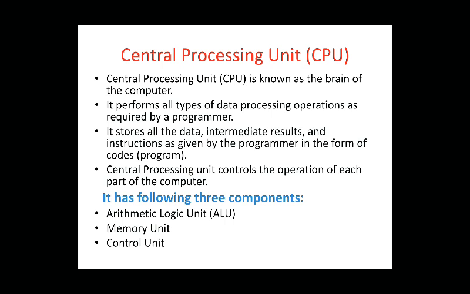Primary memory, where you can store all the data permanently, and the secondary memory, where you can save the data temporarily. So both are the parts of a memory unit. Then after that, the control unit has all the controls over the operations performed in a CPU.